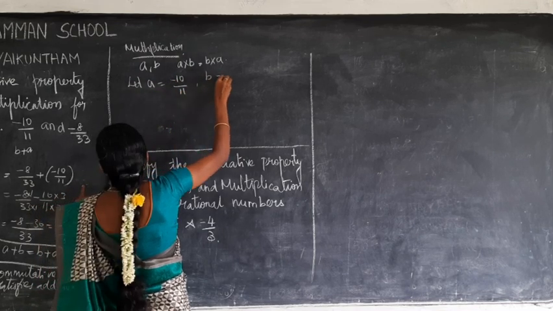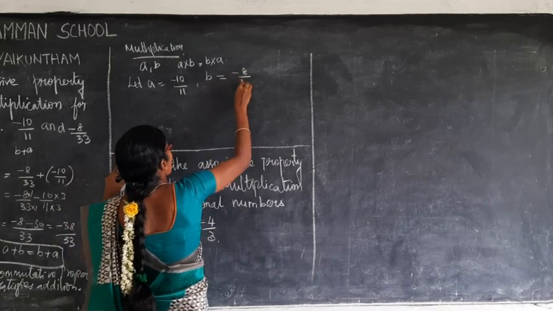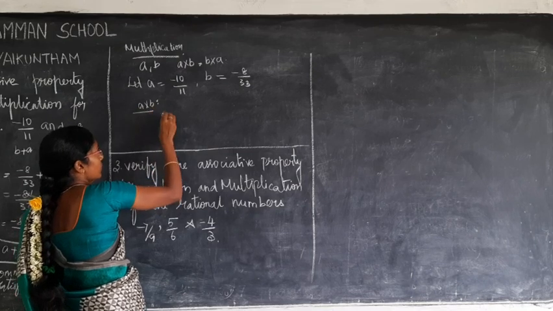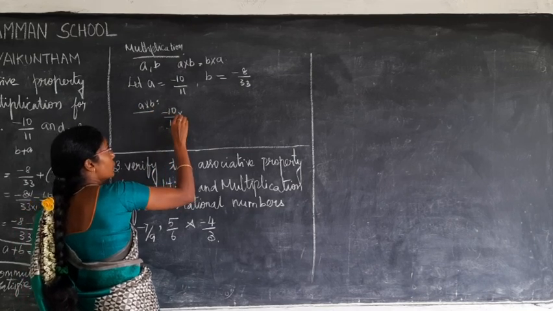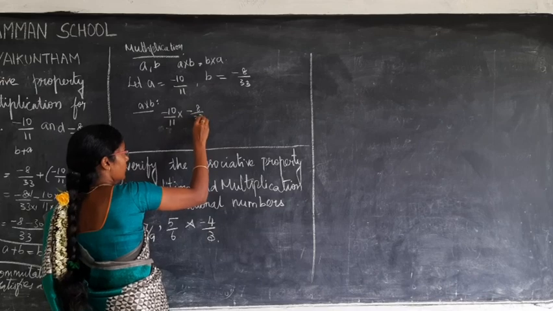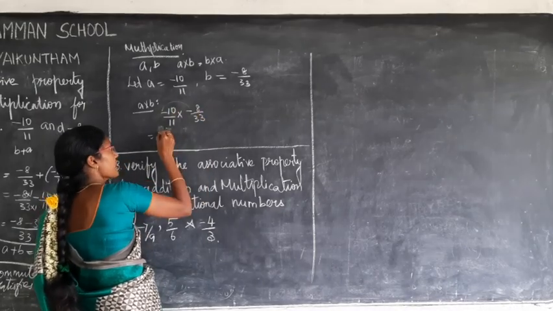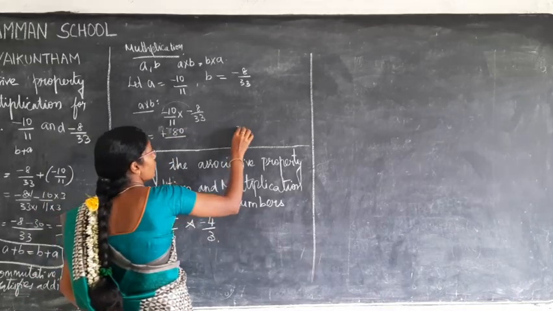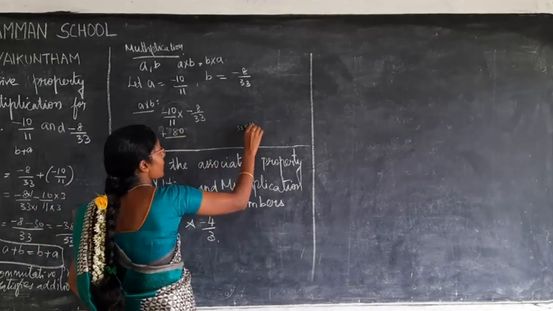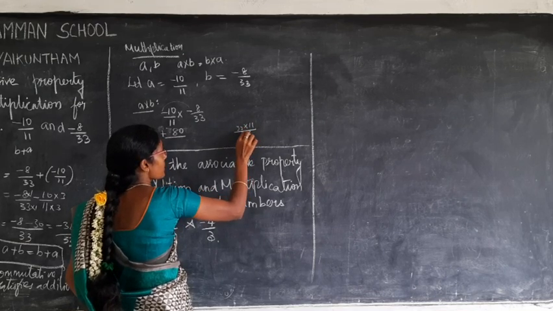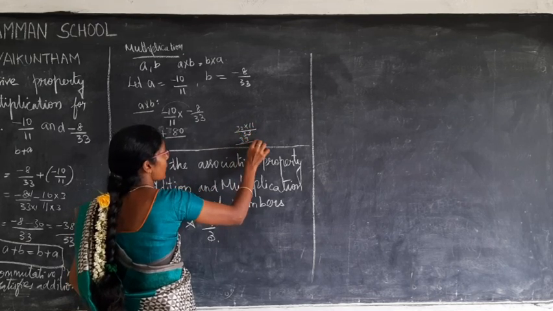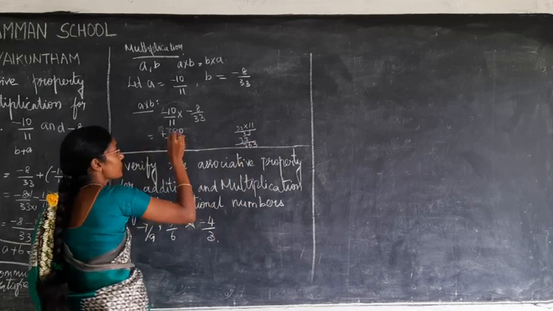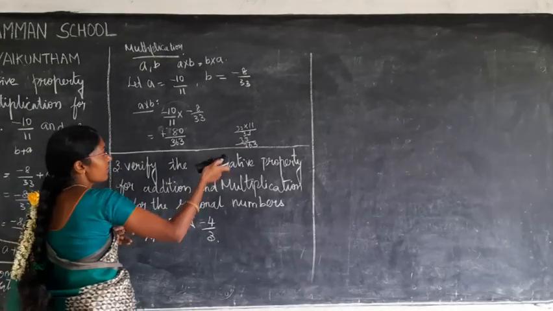What is given b? Minus 8 by 33. So a into b is minus 10 by 11 into minus 8 by 33. Minus into minus is plus. 10 8s are 80. 33 into 11 is 363. So a into b is 80 by 363.